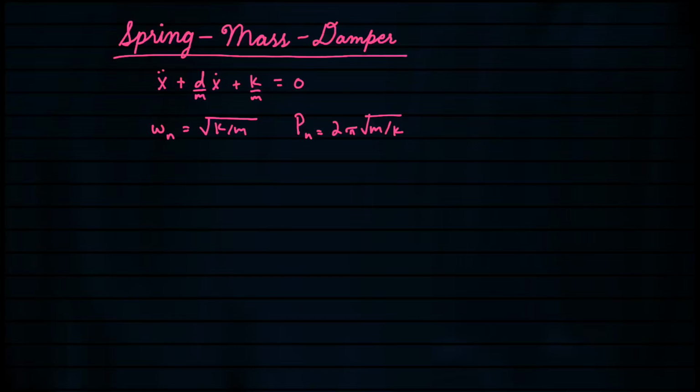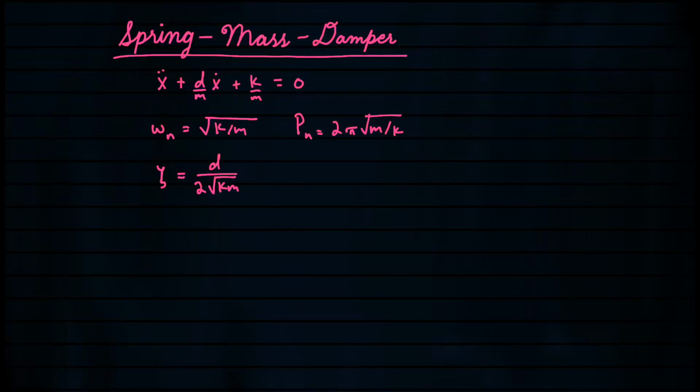Now, we're going to have a damping factor, which we will call z, or xi. This is kind of a funny looking one to draw, but this is going to equal d over 2 root k times m.